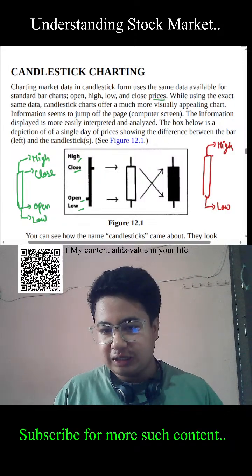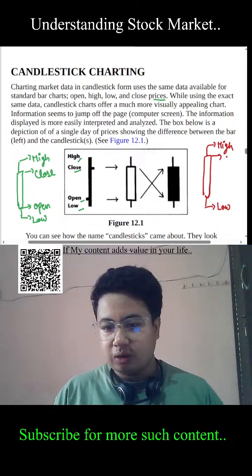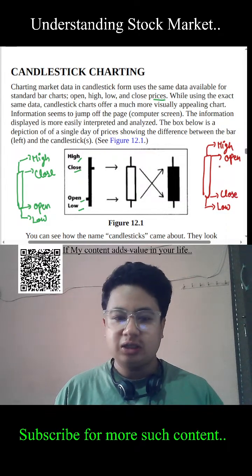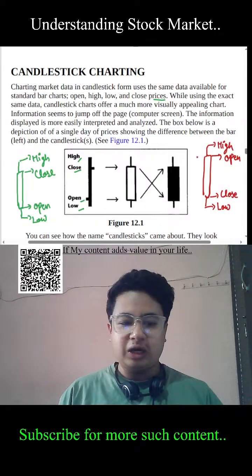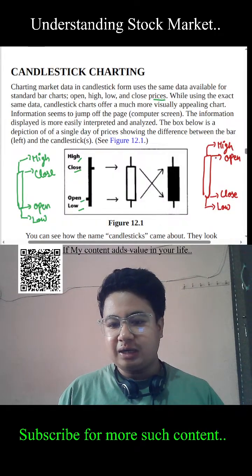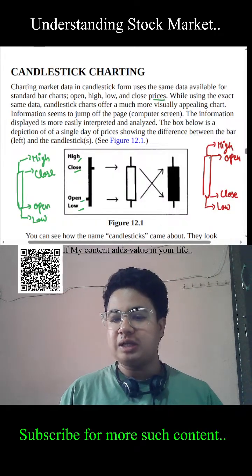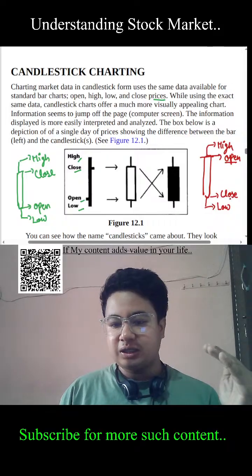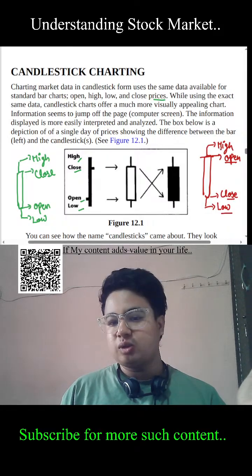So basically this will be the opening and this will be the close. Because if the color is red, that means the price has gone down, so it has opened at some higher level. So this is the opening price, this is the closing price, this will be the lowest point where it went, and this will be the highest point.